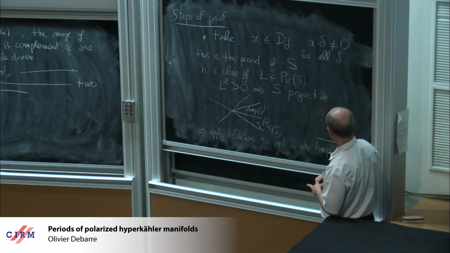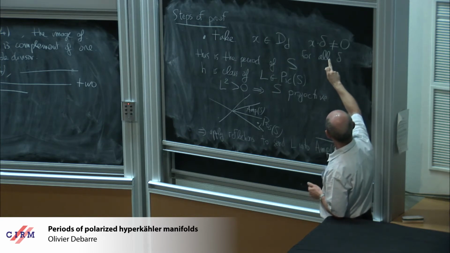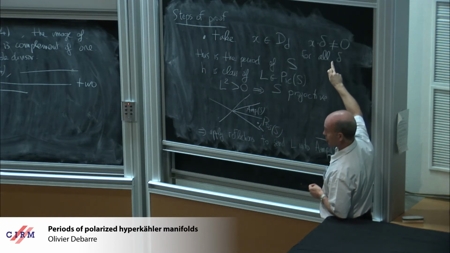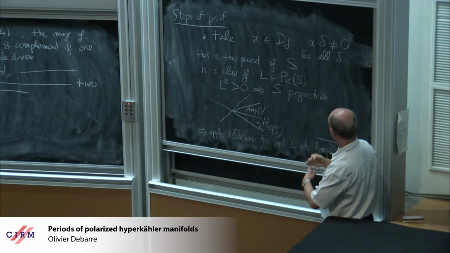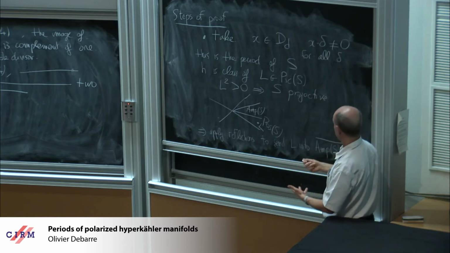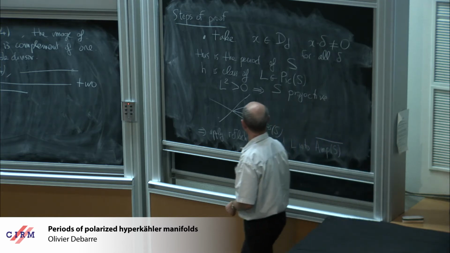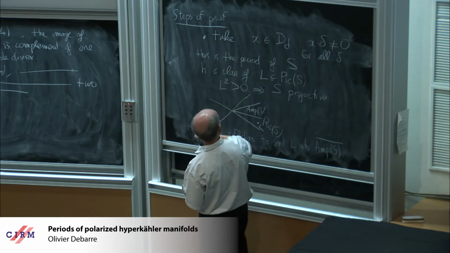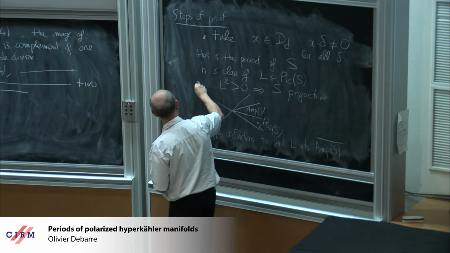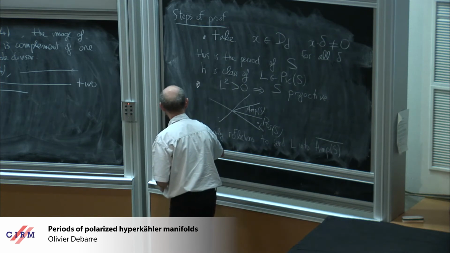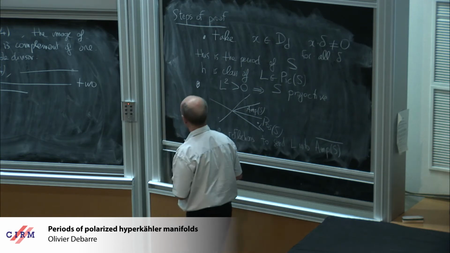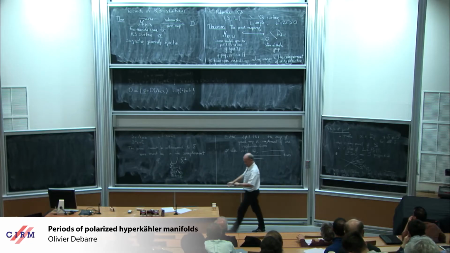So the fact that L has non-zero intersection with any root means that it's not on any wall of the nef cone, therefore it is in the interior. So L is ample. So this is just what I wanted to say.